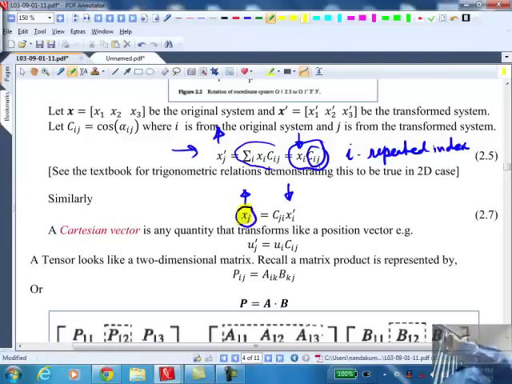So when an index repeats, summation is implied, meaning you have to sum over all possible terms. When an index appears freely, it means that you need to take each value of j equals 1, 2, and 3. So this actually means that there are 3 equations in there. j equal to 1 will give you one equation, j equal to 2 will give you one equation, j equal to 3 will give you one equation.